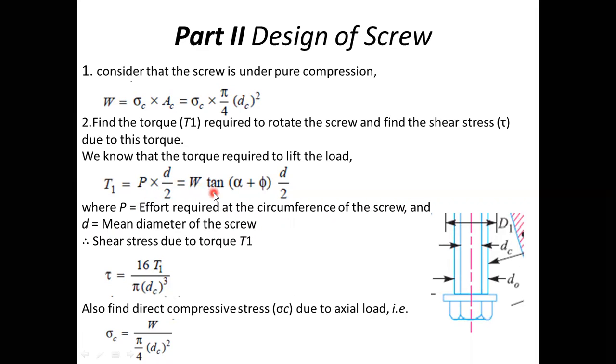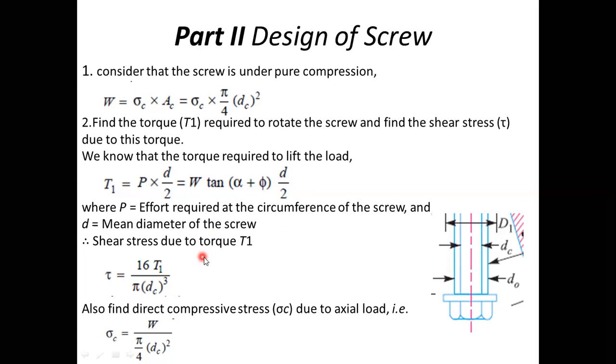Now T1 is equal to W into tan of (alpha plus phi) into D by 2, where alpha is helix angle of the thread and phi is friction angle of the thread.